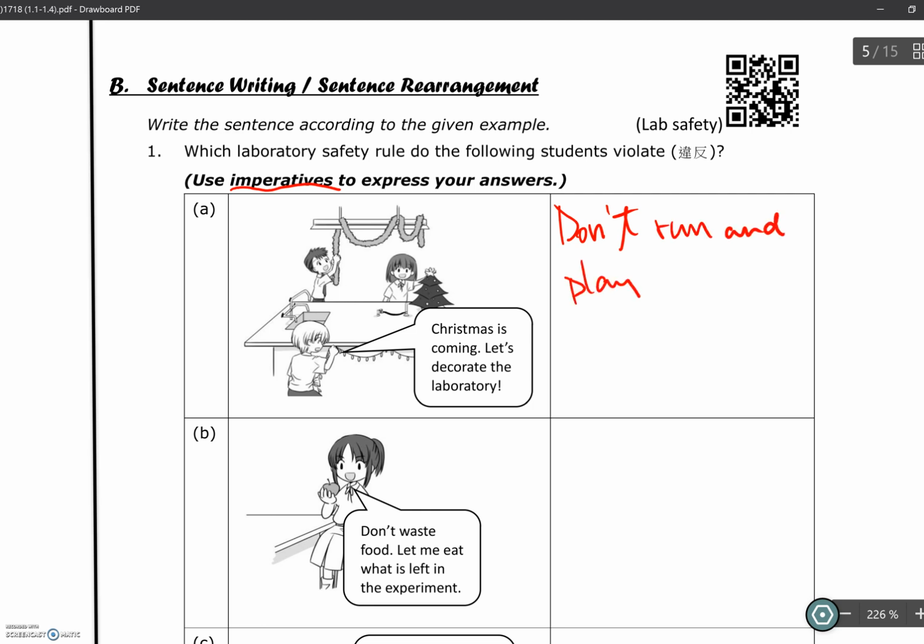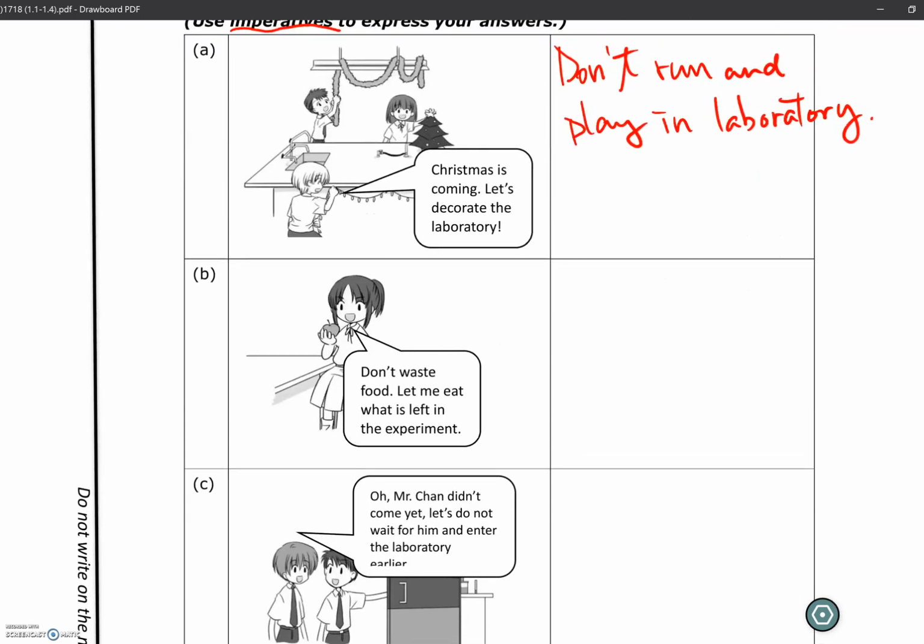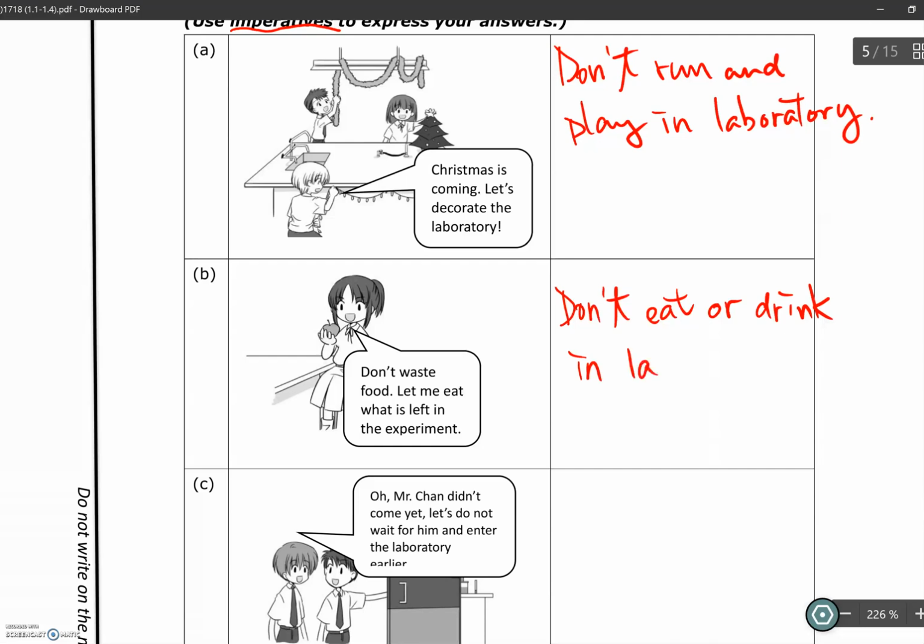So they're going to have parties, so I assume they are going to play in the laboratory. So for B, don't eat or drink in laboratory.